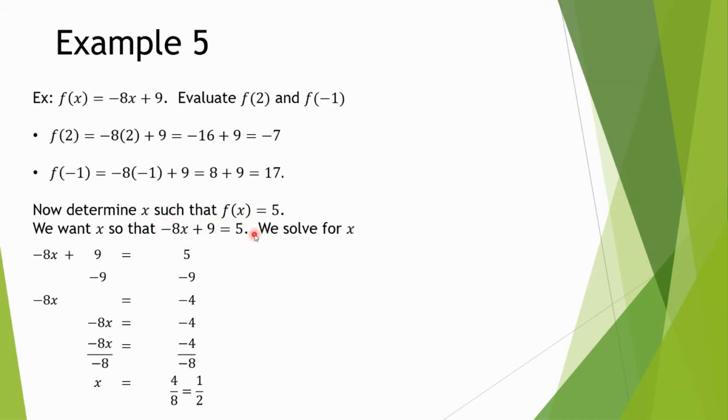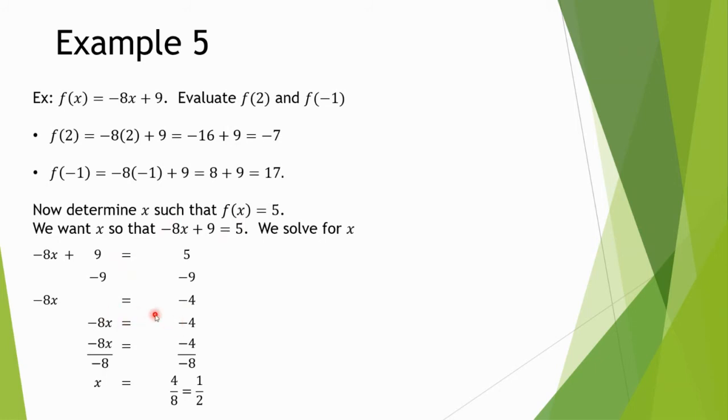So let's do it. We subtract 9 from each side, right? Because you want to get x all alone. We get negative 8x is negative 4. Okay. Negative 8x is negative 4, right? I just brought that closer.